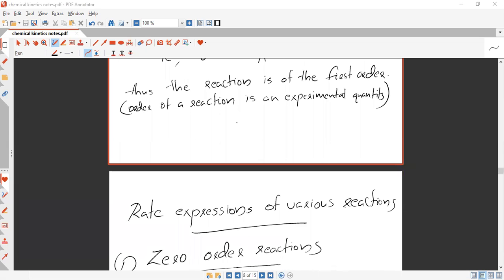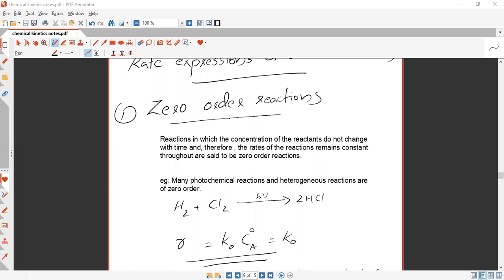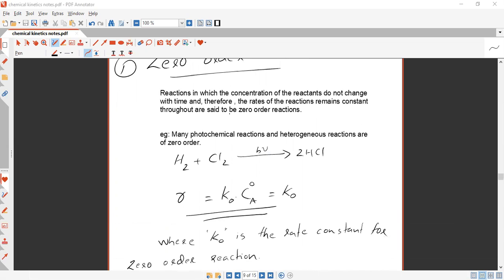Next, how you can express the rate equation or rate constant for zero order, first order, second order, and third order reactions. First, we consider a zero order reaction. In zero order reaction, the sum of powers is equal to 0. So we can write R is equal to K0 into Ca raised to 0, so the order is equal to 0.